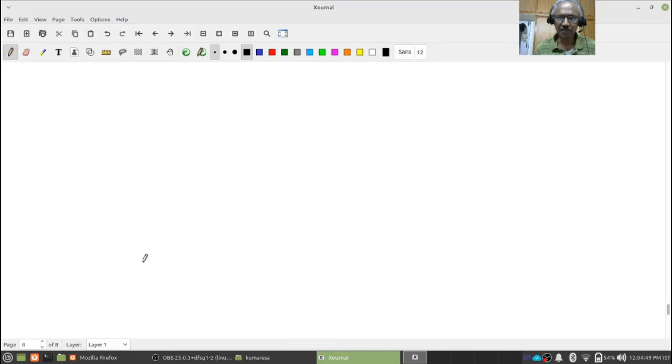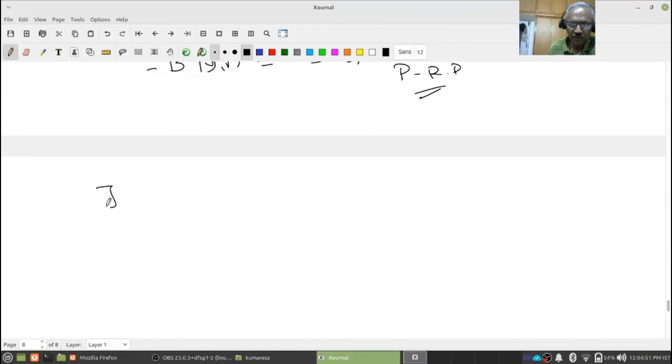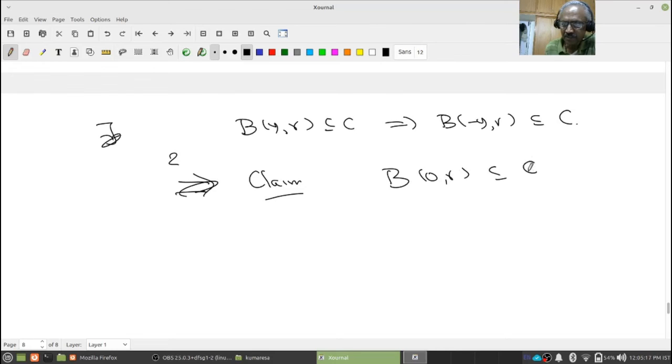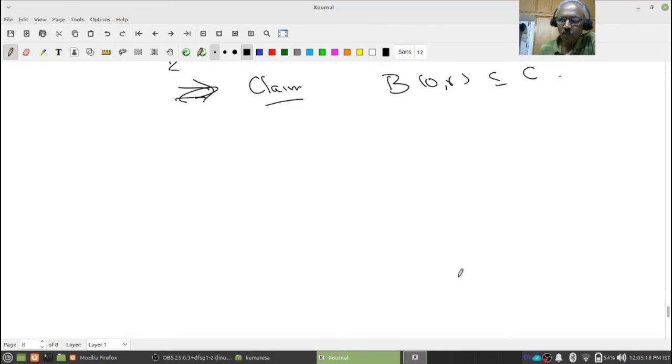Therefore, what do you think I have done? I have shown that there exists B such that if B0R is contained in C, it implies B of minus 0R is contained in C. Alright, therefore I want to claim now, this is the claim: this means B0R itself is contained in C. Why?